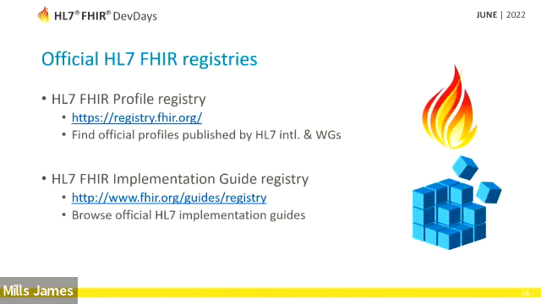So when you are going to publish your package, your work, there's some official registries. First, we have the HL7 FHIR profile registry. And also when you publish your work on Simplifier, you can indicate if you want that to be available on the official HL7 registry as well, and then it will be made available there.